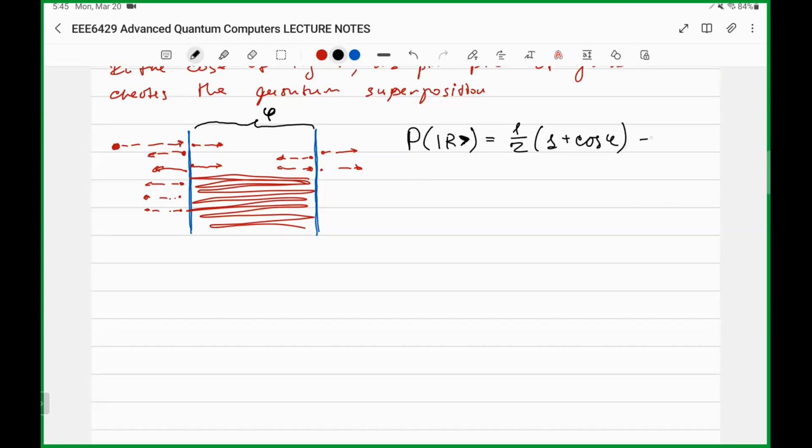And this is for the transmission. And the probability of finding the same photon on the left side of this picture would be 1 over 2, times 1 minus cosine phi. This is reflection.